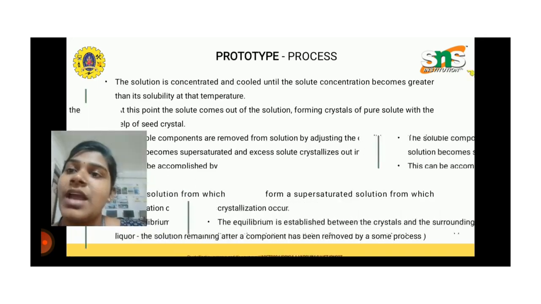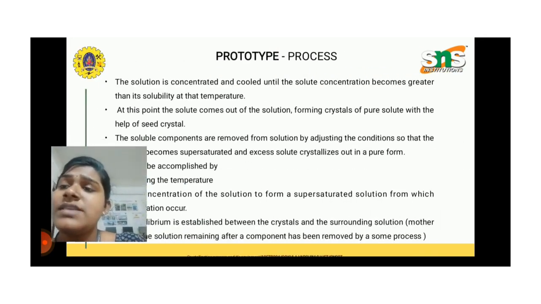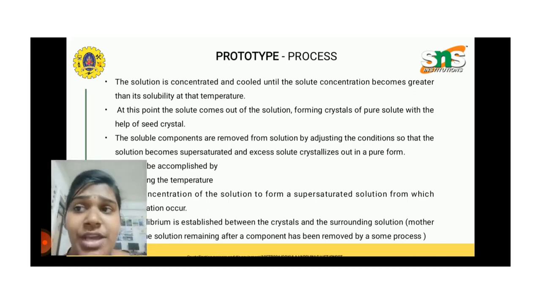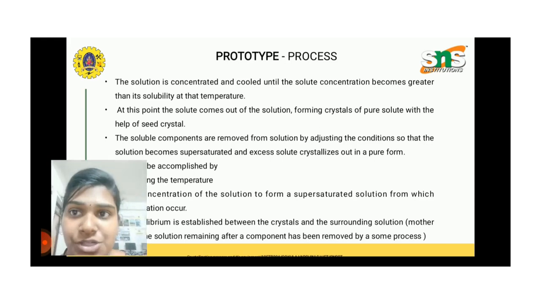And how can you design the prototype? The solution is concentrated and cooled until the solute concentration becomes greater than its solubility at that temperature. At this point, the solute comes out of the solution, forming a crystal of pure solute with the help of crystal seeds. The soluble components are removed from the solution by adjusting the conditions so that the solution becomes supersaturated and the excess solid crystallizes out in pure form.